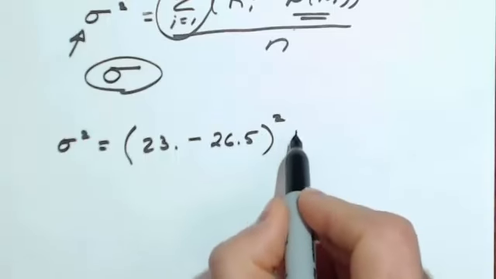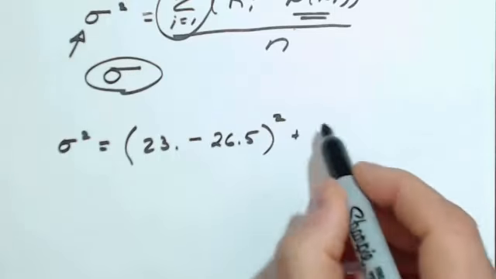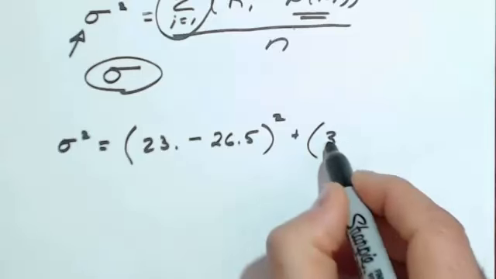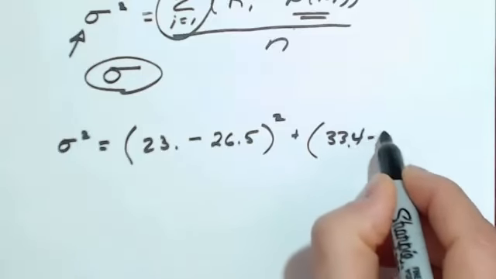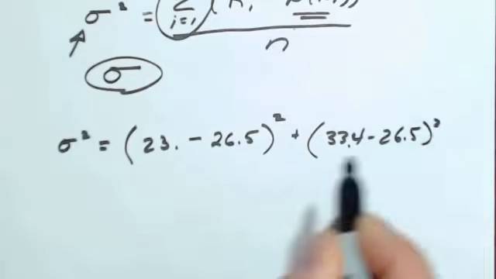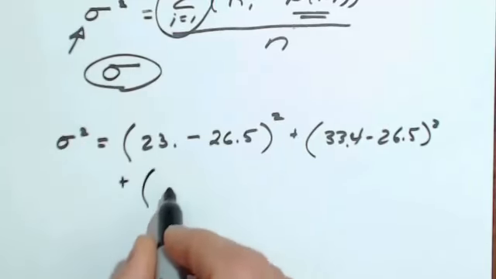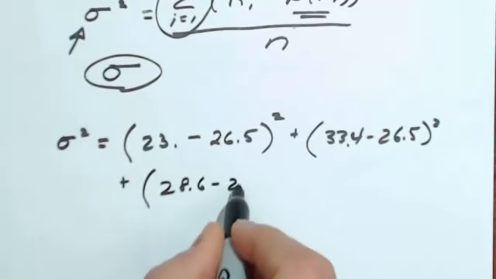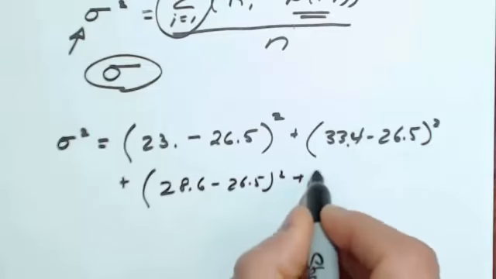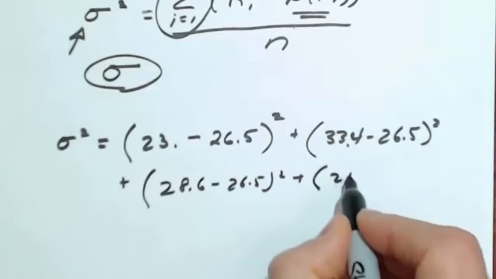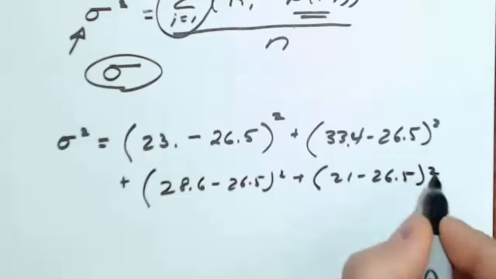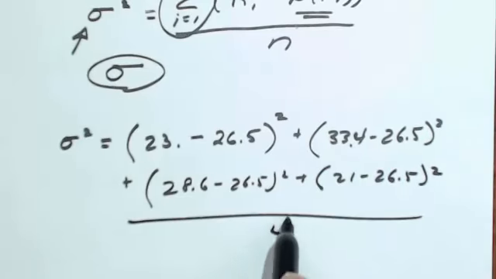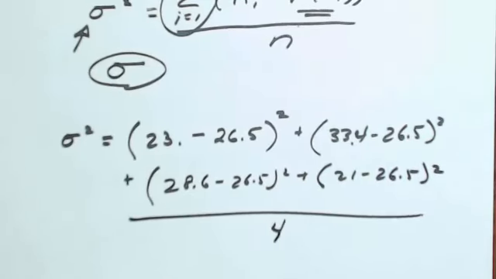We're going to square them. That's the first year deviation squared. The second year deviation is this square, and we're going to keep doing that for the 4 years. And we're going to divide the whole thing by 4 because we're looking at 4 years worth of data.